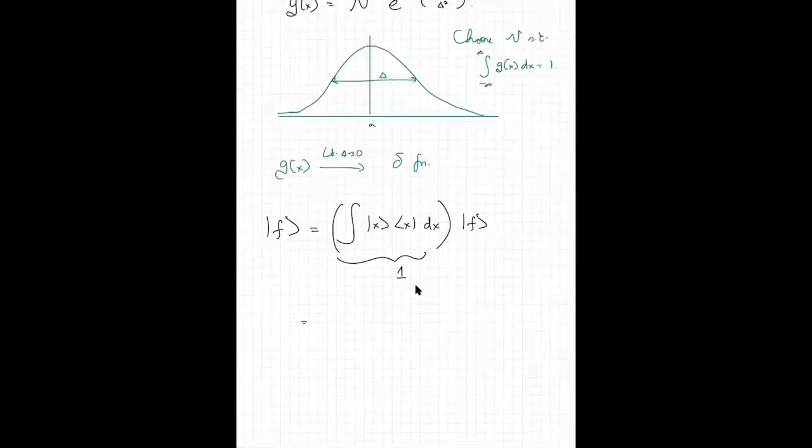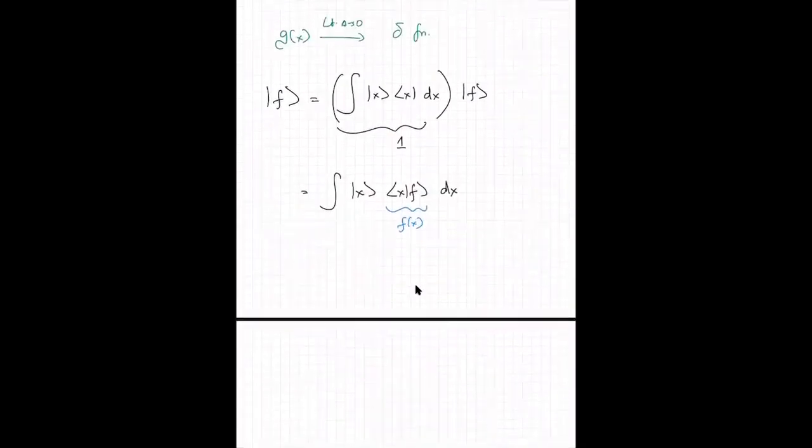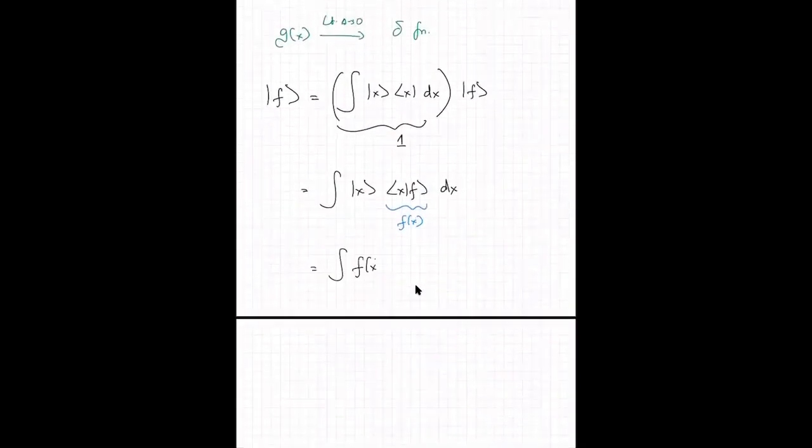So I can write this as ∫|x⟩⟨x| dx hitting |f⟩ on the left. So I can write this as ∫|x⟩⟨x|f⟩ dx, and ⟨x|f⟩, the projection of |f⟩ along the direction |x⟩, is simply the value of the function vector at that particular point x. So I can write this as the integral of f(x)|x⟩ dx.